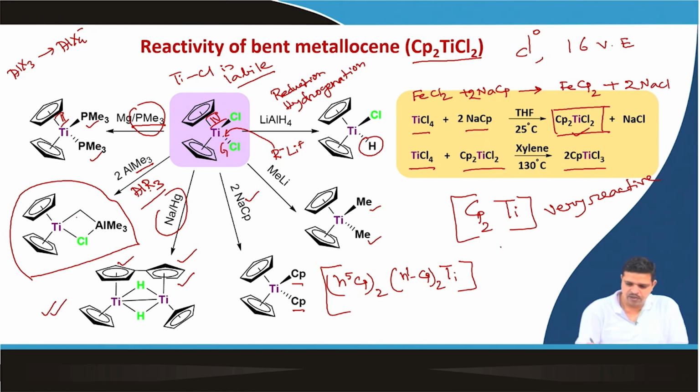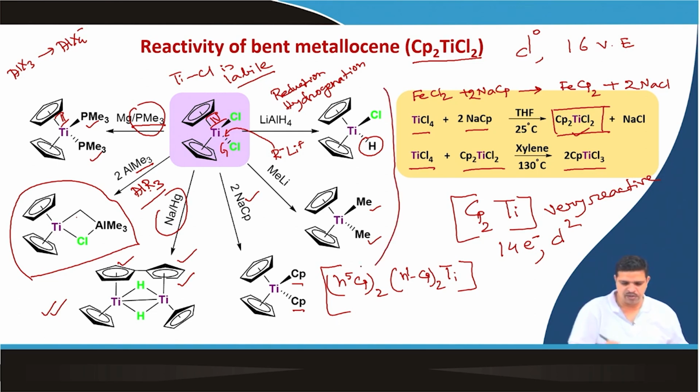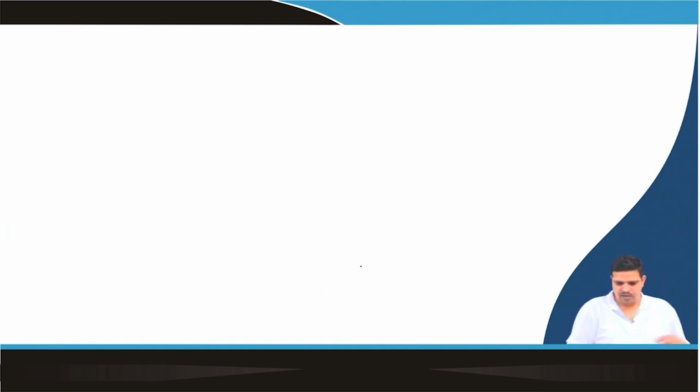This is a 14 electron system, and it has a D2 electron. These are all substitution reactions on this side, so it's quite straightforward. But if you do the reduction, that is actually more interesting.